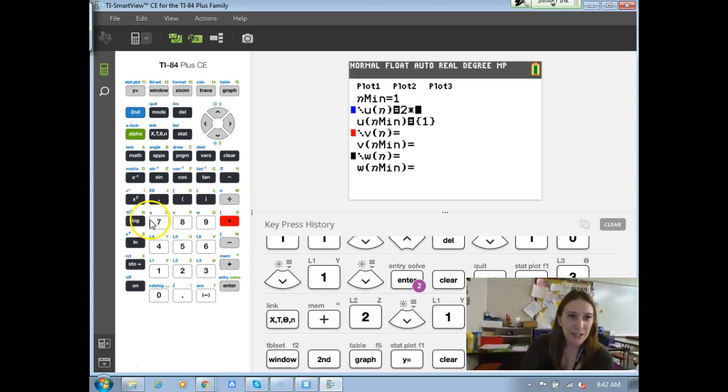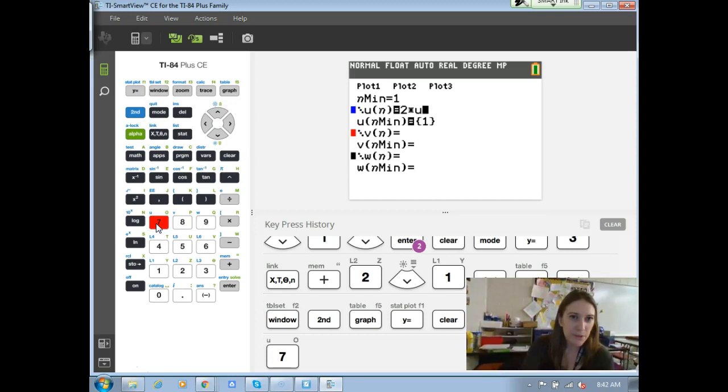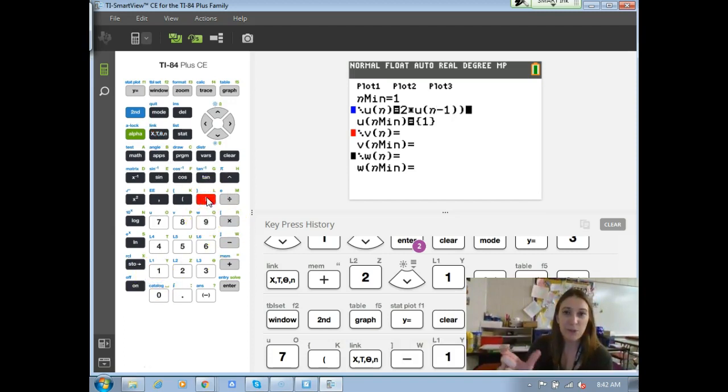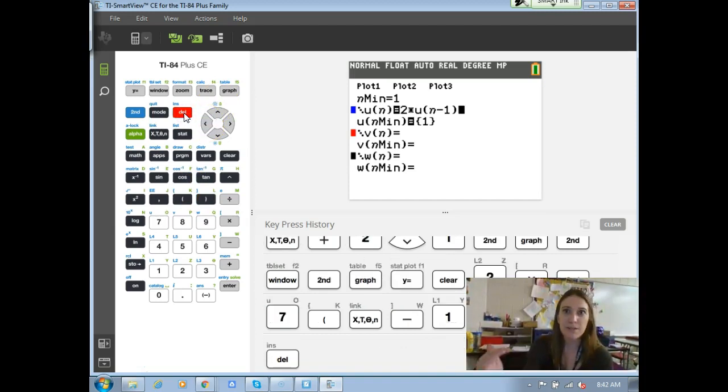But the u is literally the letter u right above 7 here. So second u. And then they don't do subscripts, so what you're going to have to do is just put parentheses and then say n minus 1. So that's how we type recursion into our calculator. U n, oops, too many, delete. U parenthesis n minus 1 means a sub n minus 1.